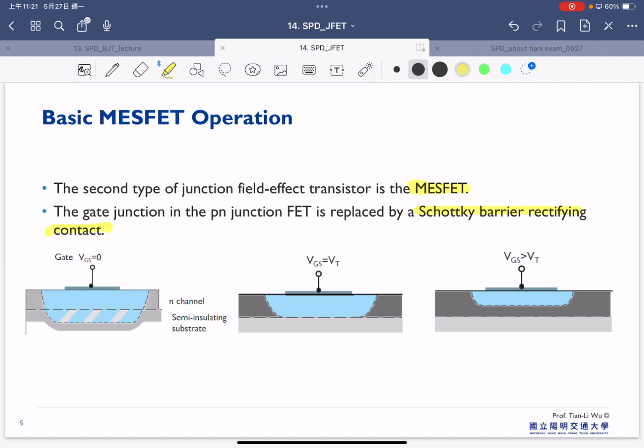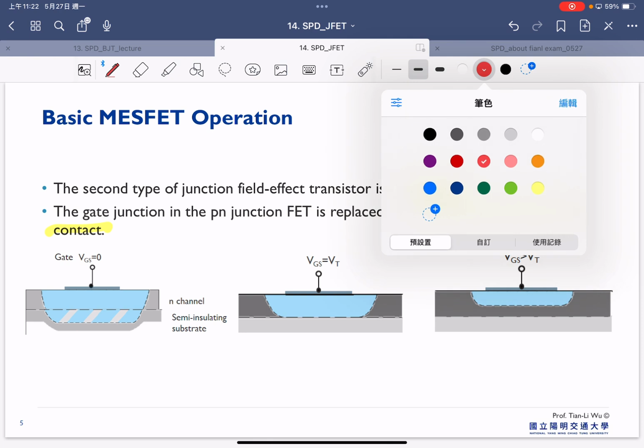So as you already know, when we talk about the Schottky contact or Schottky diode, the surface between the metal and the semiconductor, if that's a Schottky contact, we still can form the depletion region there. So the idea is still the same, and the schematic is shown here.